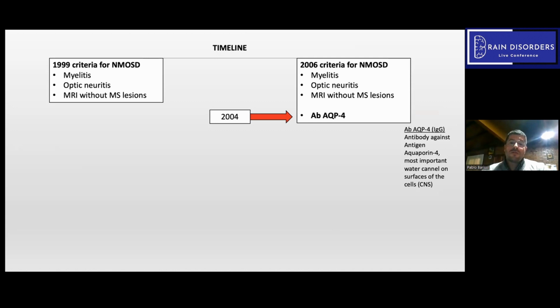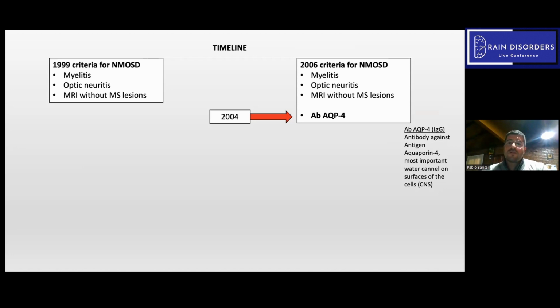In 2004, a historical landmark, the discovery of the AQP-4 antibodies, antibodies specific against the AQP-4 water channel on the surfaces of cells all over the body, but mostly in cells in the central nervous system.